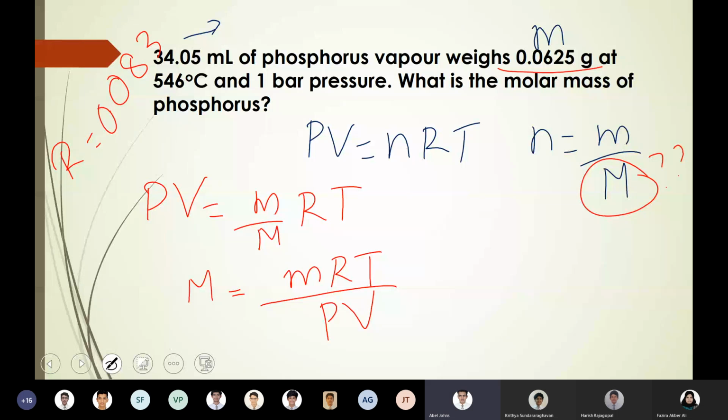I'm getting 124.94. Ma'am, I'm getting 125.19. It'll be somewhat different because of 8.314 and 0.083, so it depends on what we take. And what will be the units? That is important, in which unit you are expressing. It won't be gram, it will be gram per mole. Right.